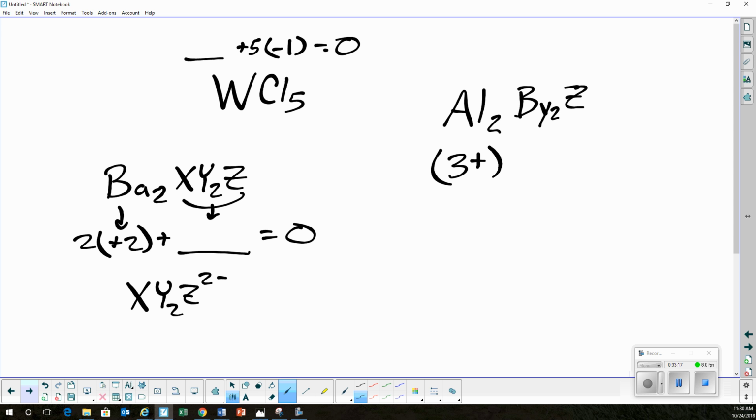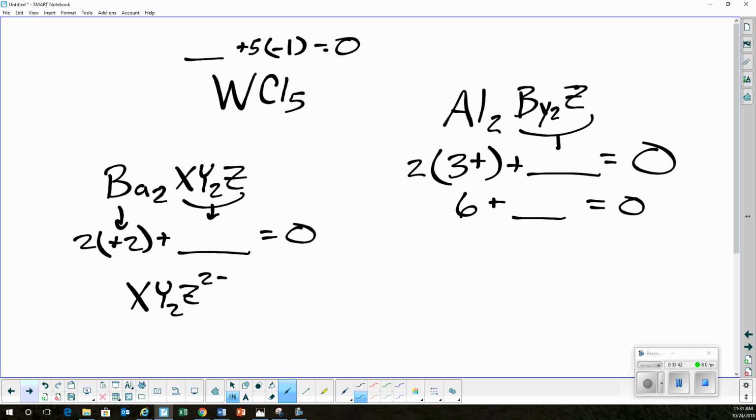So I have +3, there's 2 of them. I have this, I don't know what it is, but I do know it adds to 0. What's the charge on that? They have to add to equal 0. So I have 6 plus what equals 0, guys? -6. So BY2Z has a 6 negative charge.